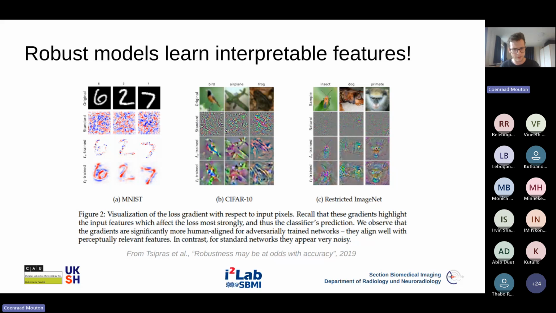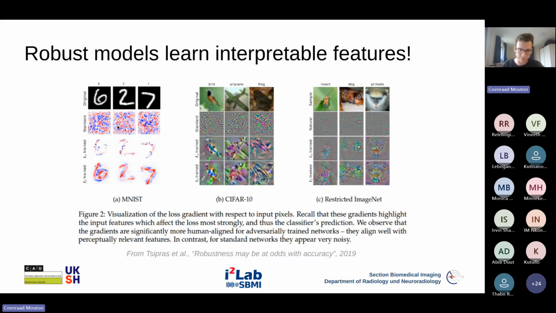This is from a paper in 2019. What they did is they trained a neural network on MNIST, CIFAR10 and ImageNet. And then they visualized the gradients of the loss function with respect to the input features. That gives you an idea of what the neural network is looking at to make predictions. And you'll see that for a model that's just trained in the normal, standard fashion, these gradients look like noise.